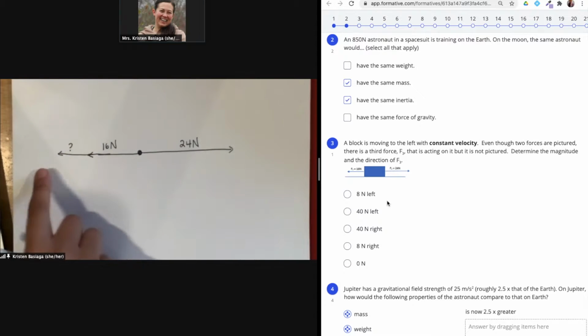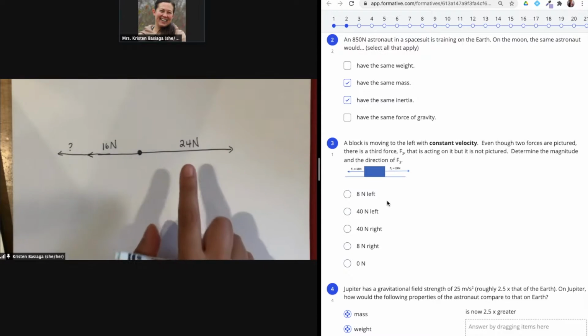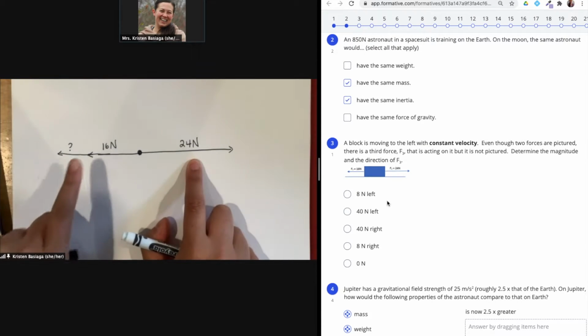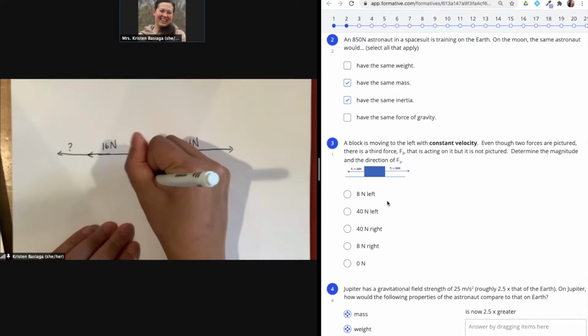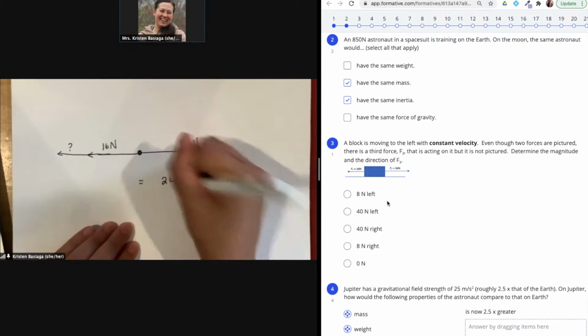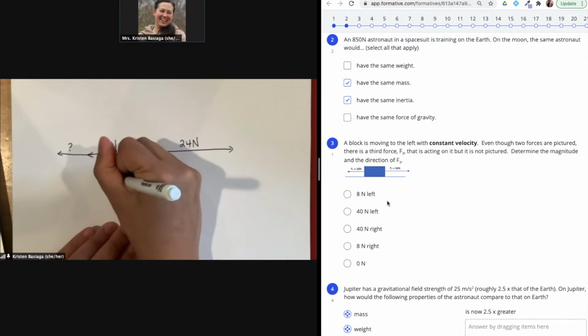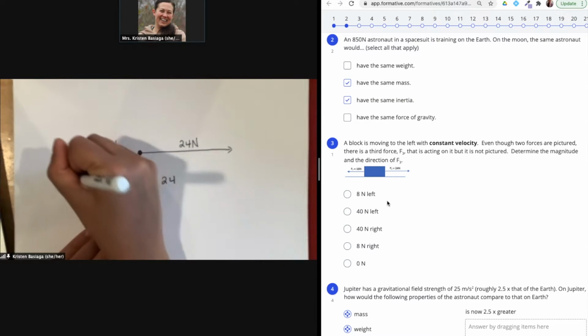A net force causes mass to accelerate. So if you want it to keep going at the same speed, you can't have a force to speed it up or a force to slow it down. You have to let it be an object in motion, staying in motion. So actually, all this means is the forces that pull right must be equal to the sum of the forces that pull left.